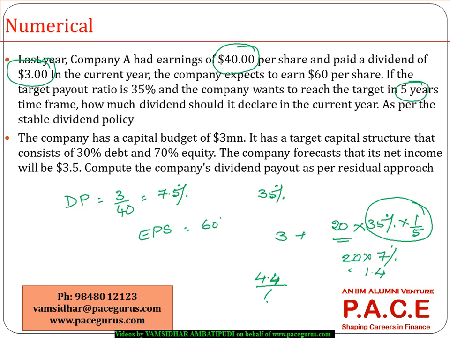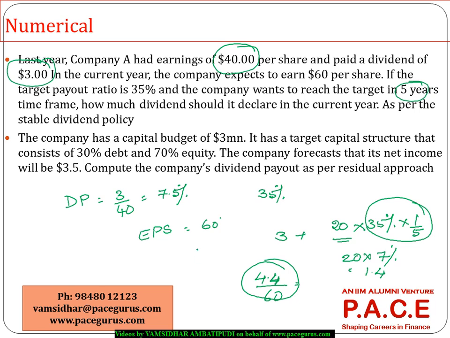So 4.4 out of 60 will be slightly more than 7.5%. Whatever dividend they have declared, 3, plus the increase in the EPS multiplied by the target payout ratio, multiplied by 1 by 5 for the years: 20 into 0.35 into 1 by 5, that is 20 into 0.07, working out to 1.4. So let there be a 1.4 excess in the dividend payout, making them touch 4.4 per share as the dividend.